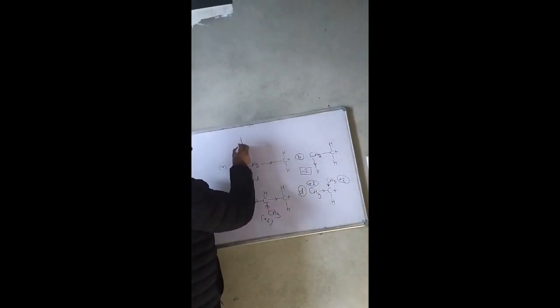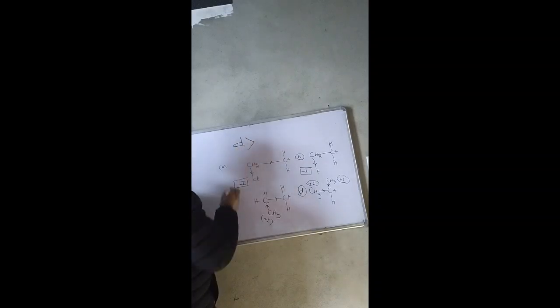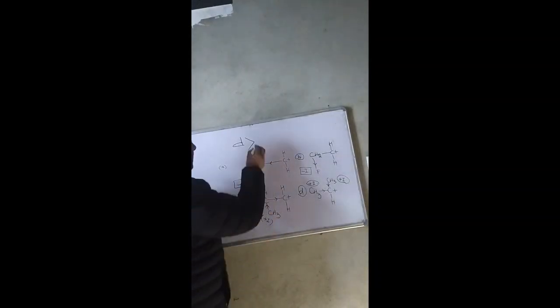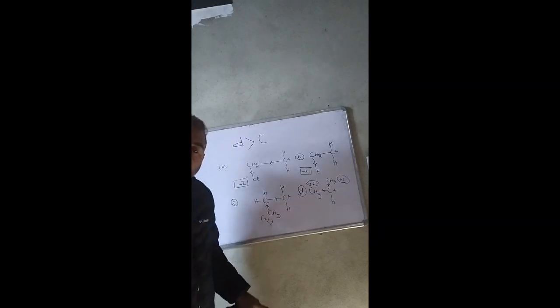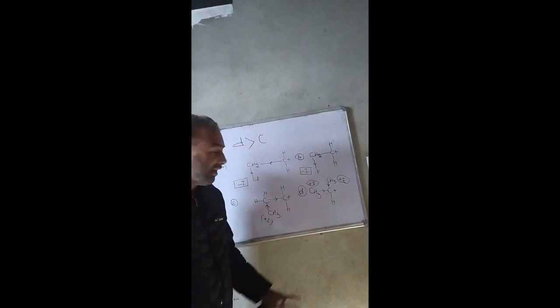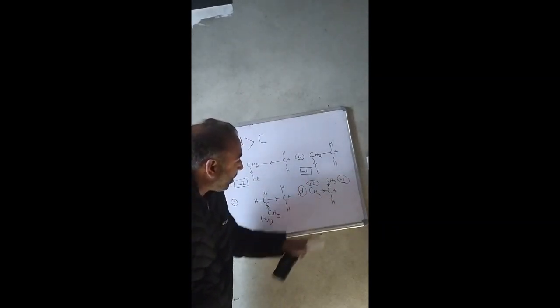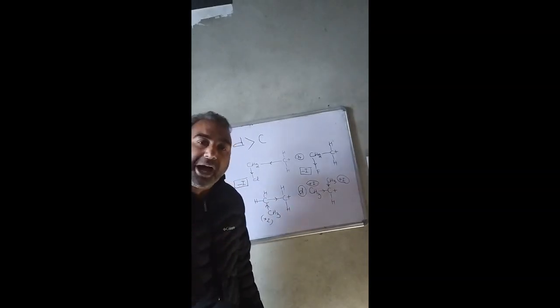I will write the most stable carbocation is D, followed by C. Why C? Because C has an ethyl group, CH2CH3. But plus I effect of ethyl is less than plus I effect of isopropyl.